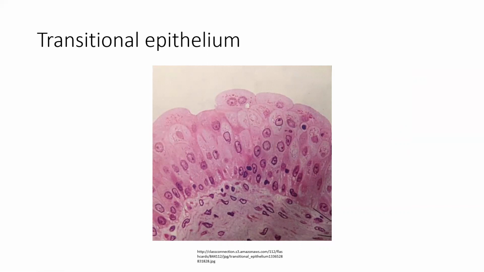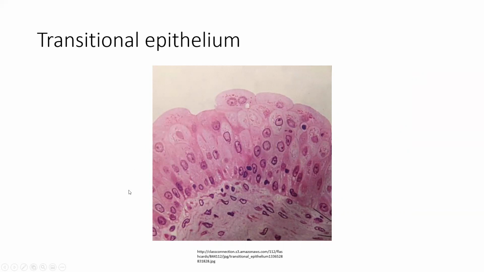In pseudostratified columnar epithelial tissue, the nuclei of the cells tend to be more jam-packed towards the basal surface of the epithelial tissue. Contrast that with transitional epithelium, where the nuclei of the cells are scattered throughout the many layers of cells that you may see in this epithelium.